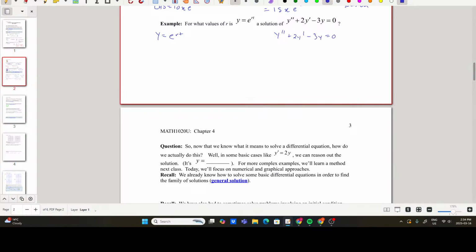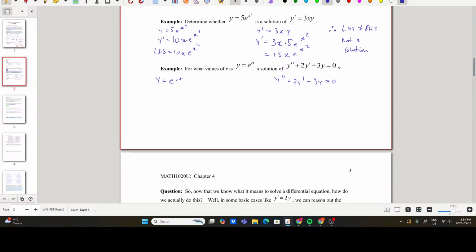What if I took this y, plugged it in here, took the second derivative, and then added the rest? Let's do that now and see what happens.